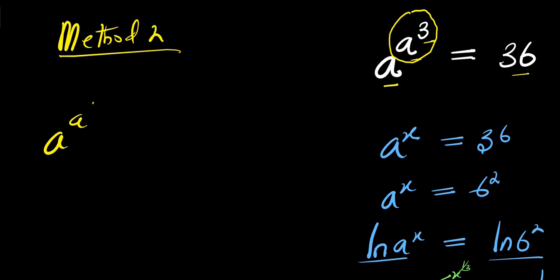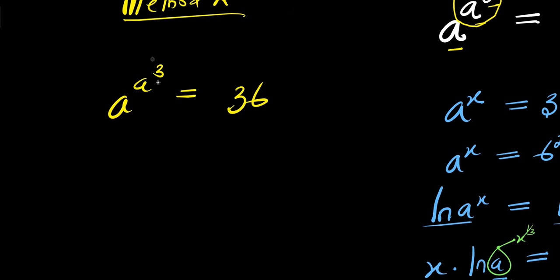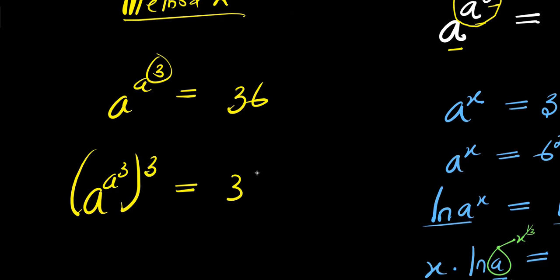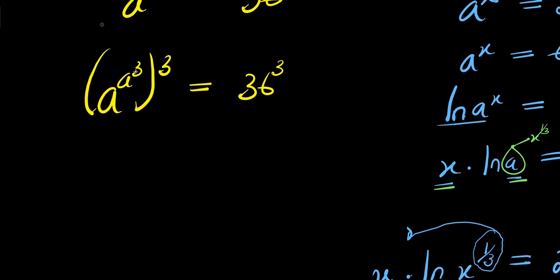a^3 equals 36. Now, there is 3 here at the exponent, so I can decide to raise each part of this equation to the power of 3: (a^3)^3 equals 36^3. I can take this as my x and this is my y.